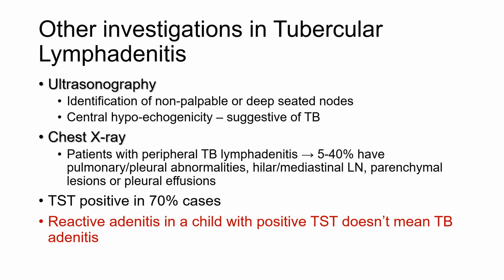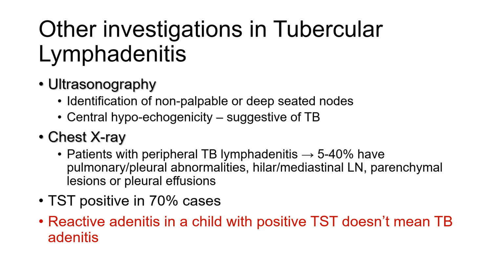A scalp infection can cause a reactive adenitis. An acute respiratory infection or any infection in the throat or tonsils can cause cervical lymphadenopathy, reactive adenitis. That in presence of positive tuberculin skin test doesn't necessarily mean that this lymphadenitis is TB adenitis. That positive tuberculin skin test may be due to BCG vaccination also, or may be due to some exposure to a contact also, but that doesn't necessarily mean that it is a TB adenitis.